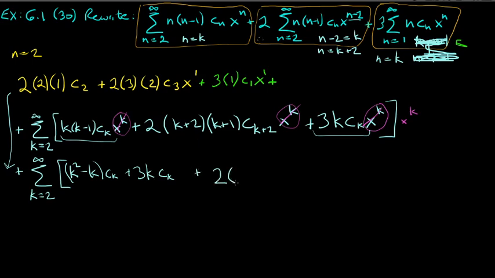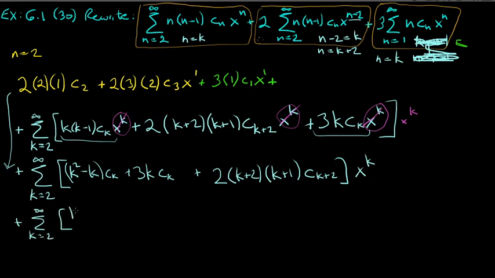This middle term here, I'm going to leave that alone. I'm not going to expand that out. You can, but it's not necessary here. Okay, so now if we expand this out, we get k squared minus k plus 3k, I'm sorry, plus 3k.